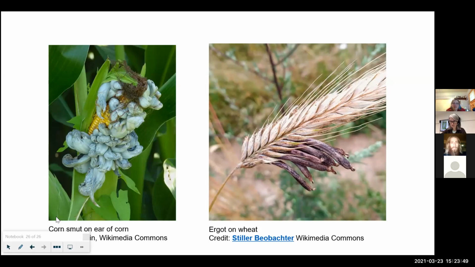Ingestion of this toxin produces what's known as ergotism, which is characterized by, among other things, gangrene, nervous spasms, hallucinations, temporary insanity. It's associated with miscarriages, fetal malformations, and all kinds of terrible things.